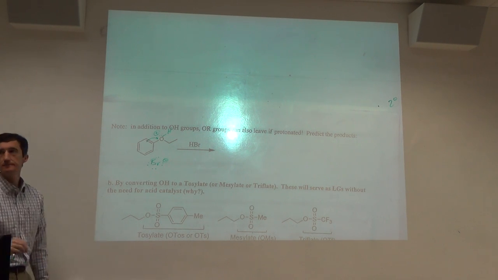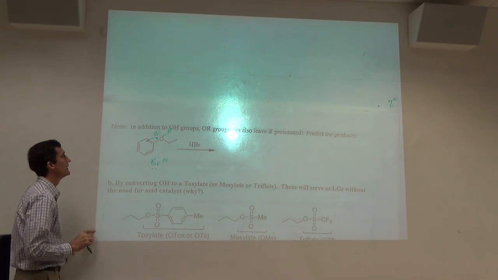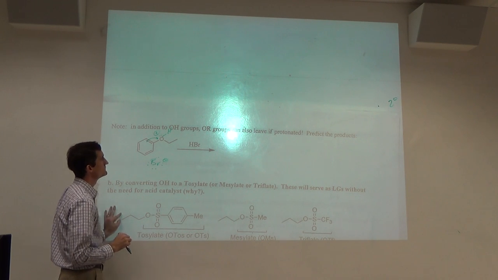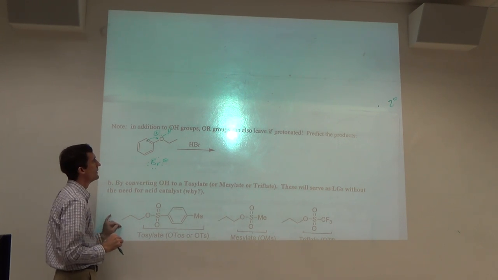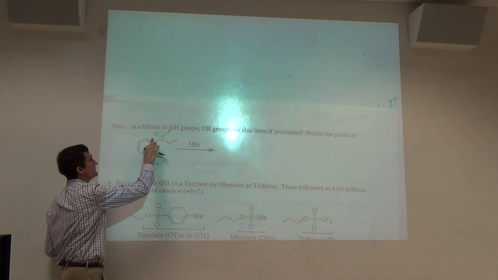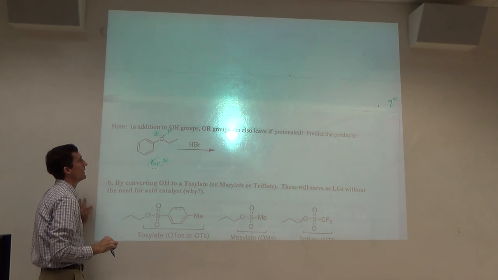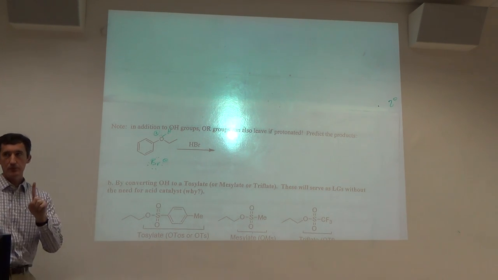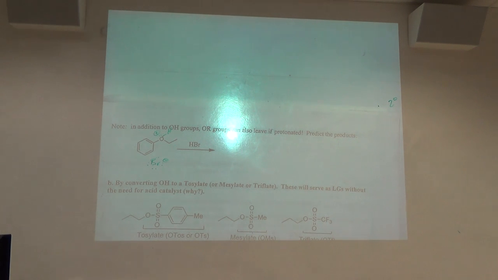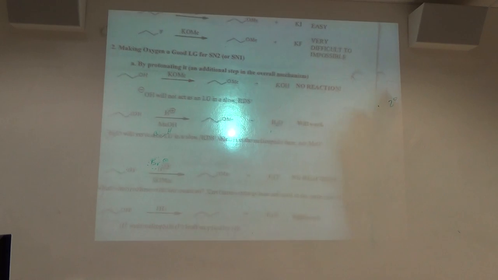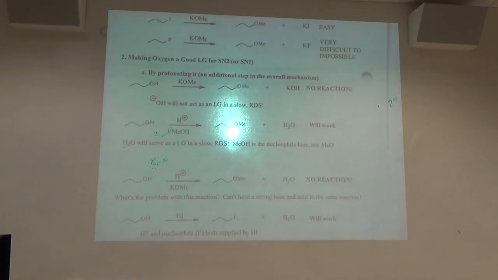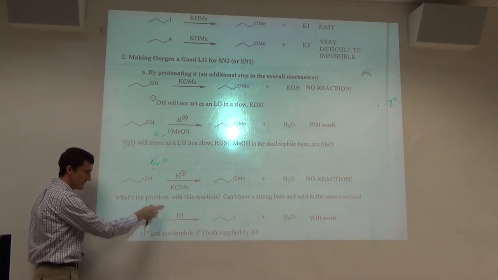What's the product here? In this case, we have two different carbons. The oxygen is bonded to two different carbons. Over here, oxygen was only bonded to this carbon. We attacked this carbon, kicked off the oxygen.